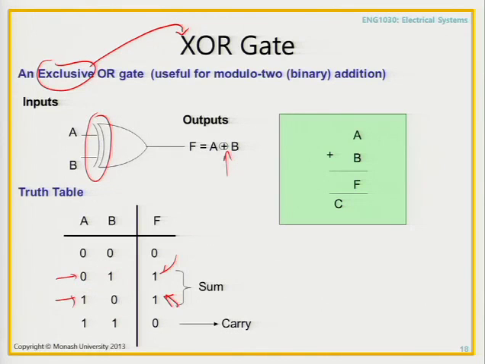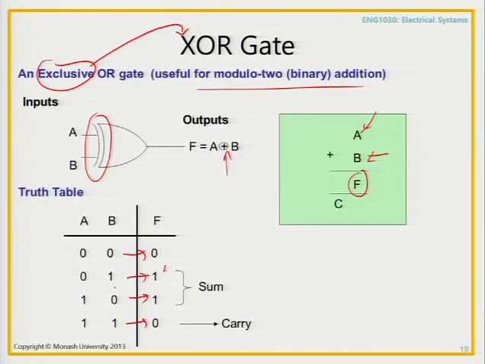Now, where would you use this? It turns out you use this in binary addition. This is really just binary addition for the bit F. If I've got a bit A and a bit B, they could be 0s or 1s, and I want to add them together. What is the sum of that? Well, you can use an exclusive OR gate to give you the sum, because 0 plus 0 equals 0.